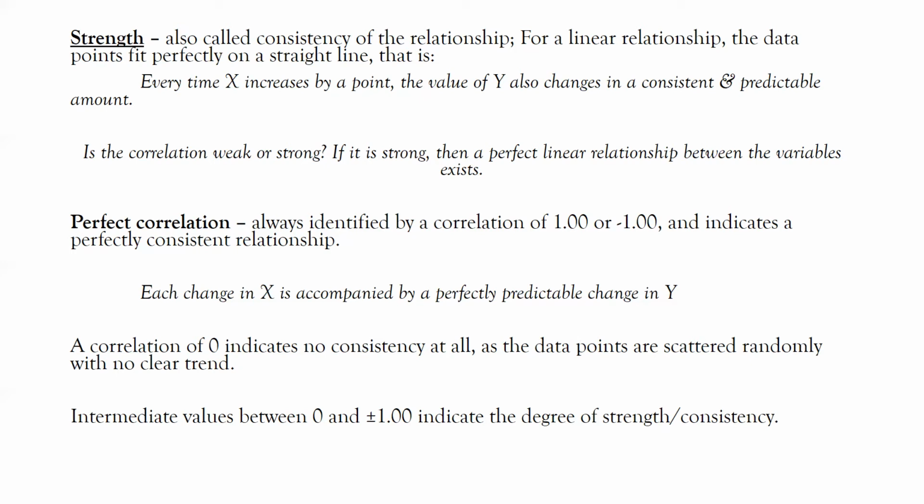Now, that's a perfectly consistent relationship. Meaning, when perfectly positive, every score on X as it increases, every score on Y also increases. When negative, let's say all X scores decrease while all Y scores increase for the sample. That's what we mean by a perfect correlation. Each change in X is accompanied by a perfectly predictable change in Y.